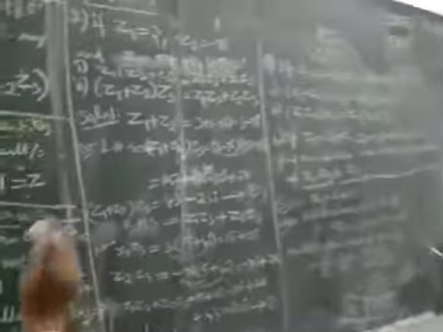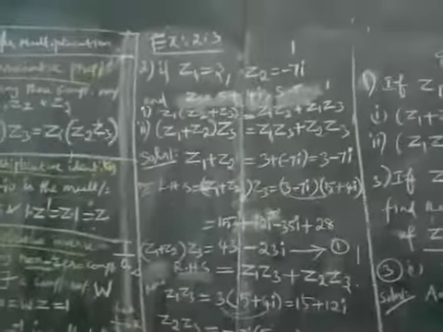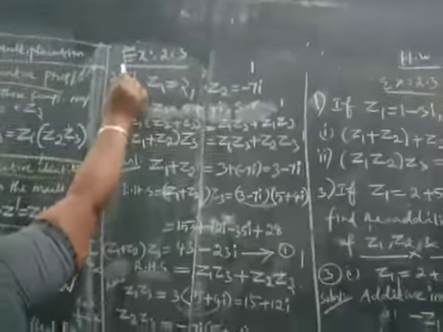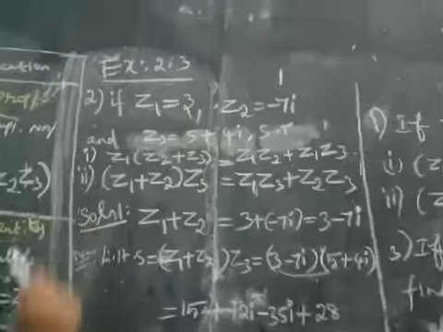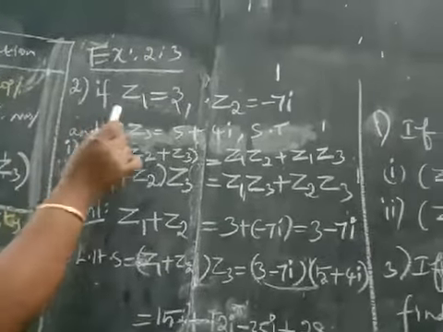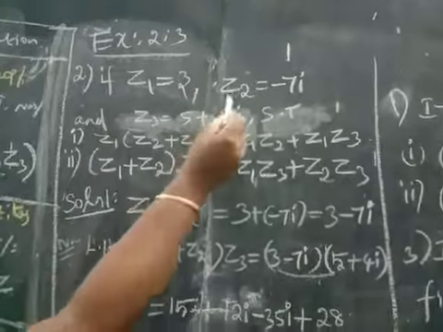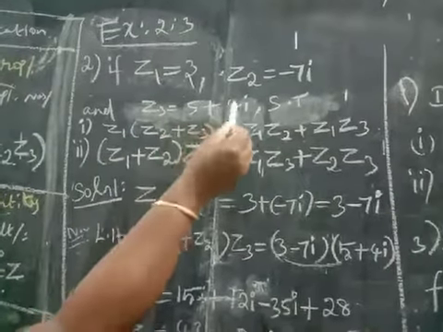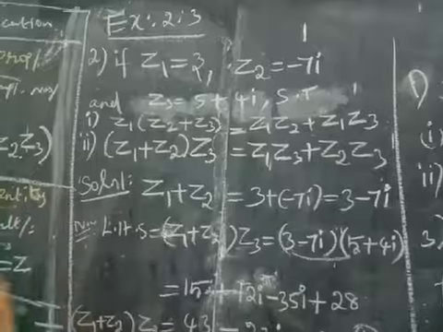Okay, shall we move to the exercise problems? Last class we completed 2.2. Now we are going to see exercise 2.3. Second problem. If z1 equal to 3, z2 equal to minus 7i, z3 equal to 5 plus 4i. Three complex numbers are given.